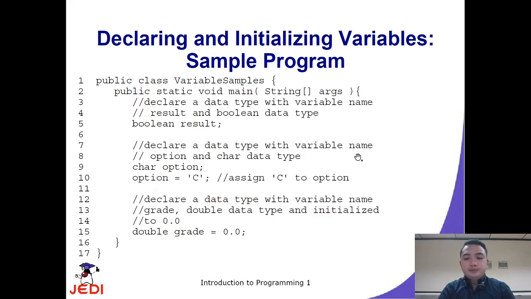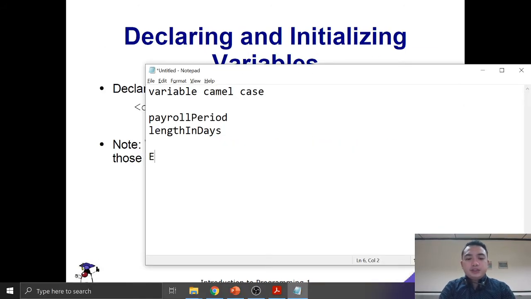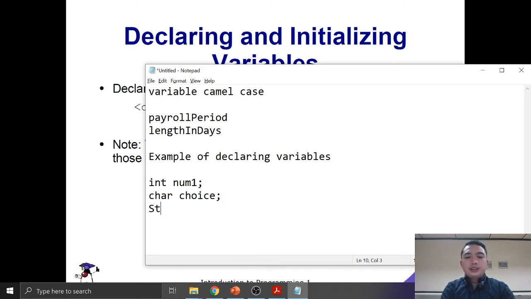So let's have an example of declaring variables. Let's say int num1 or char choice or String name. Please remember, String is a non-primitive data type. It's a class.